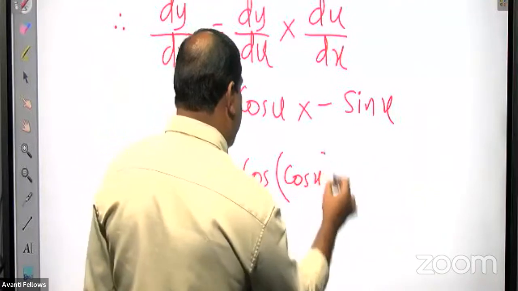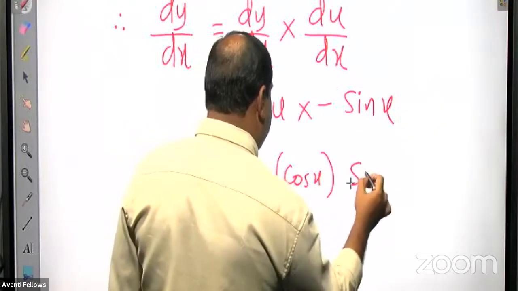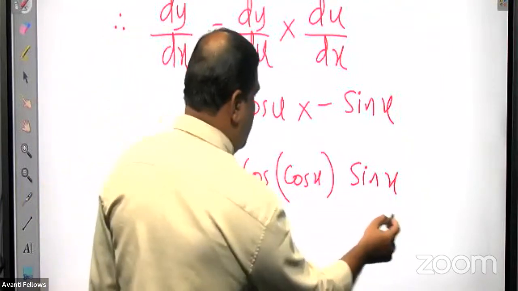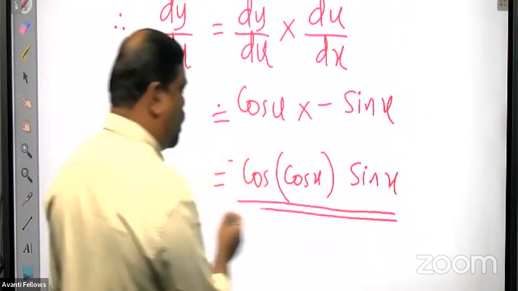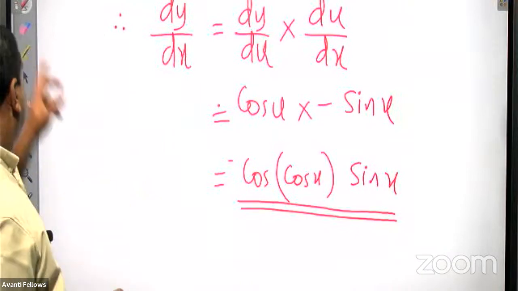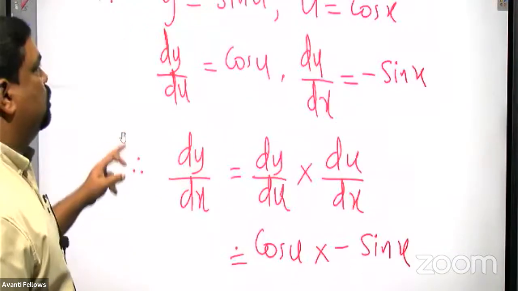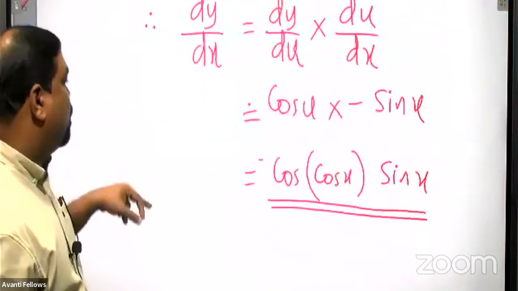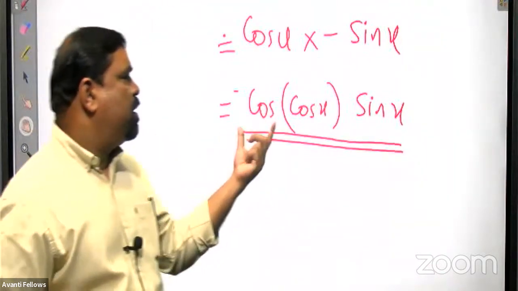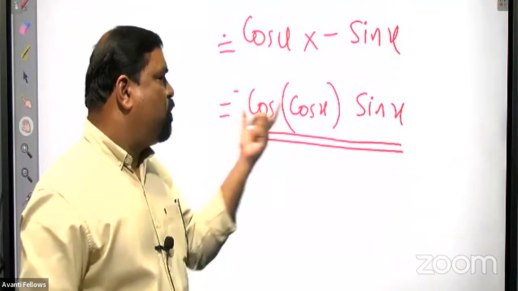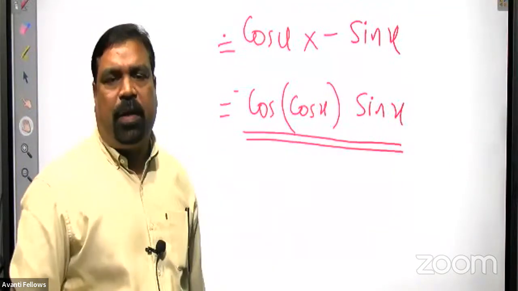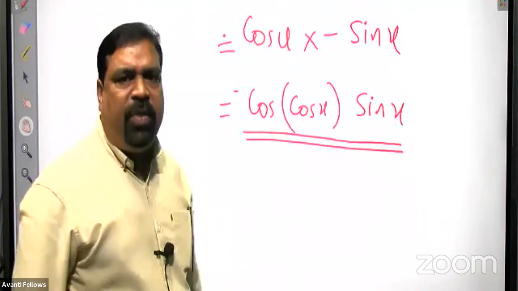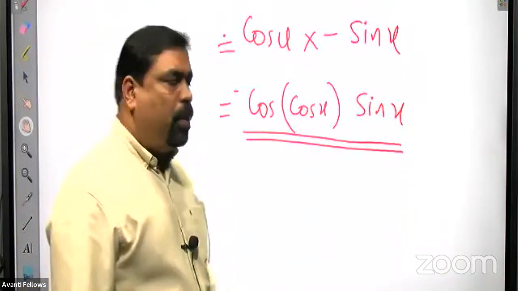So cos of cos x into minus sin x. The minus can be written in the beginning. So this is the answer for the derivative of sine of cos x, obtained by the chain rule: minus cos of cos x into sin x. It goes like a chain, that's why it is called the chain rule.